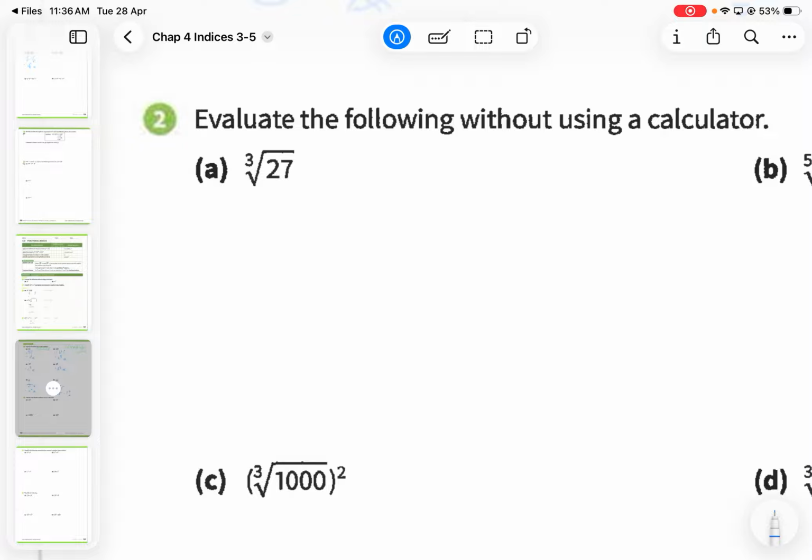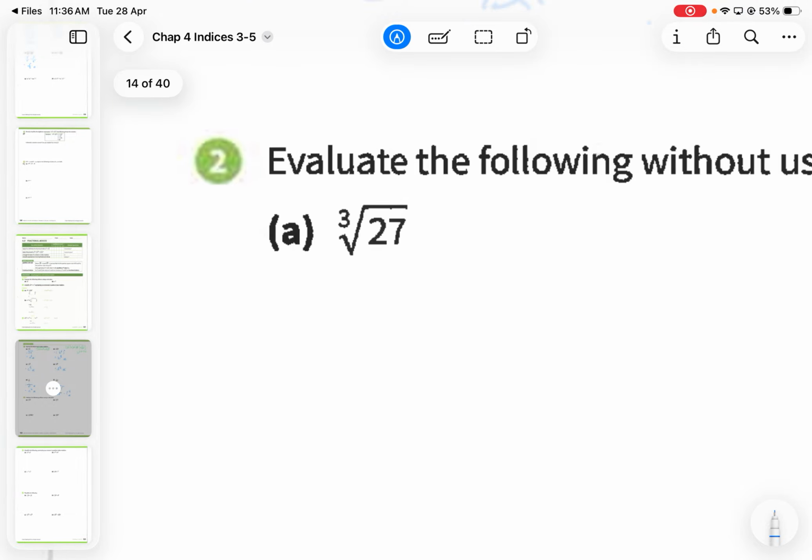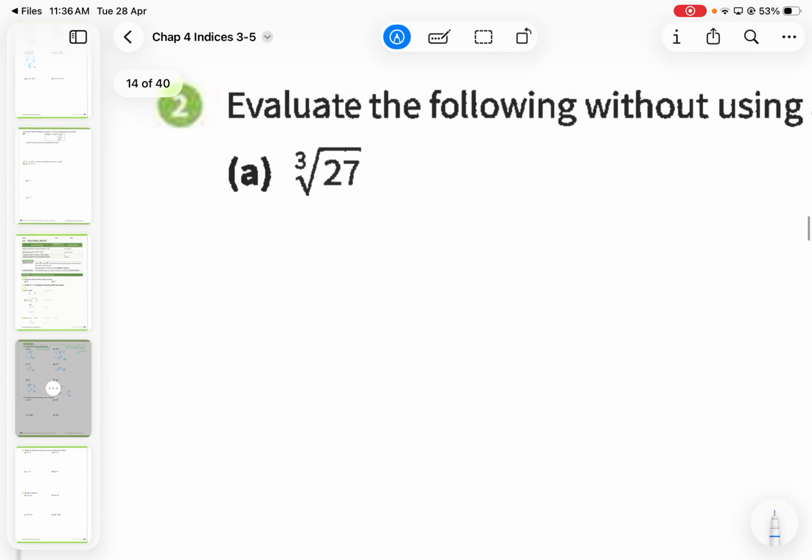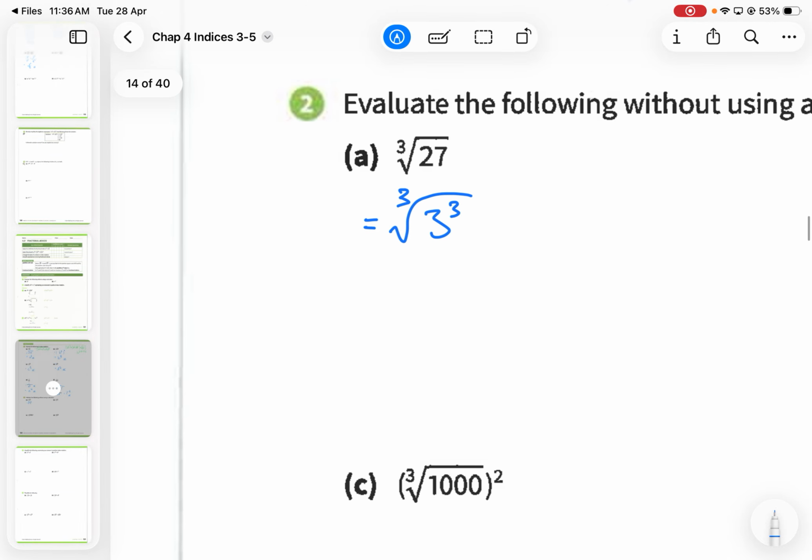So if you just straight away press the calculator and write the answer, you won't get the mark because they expect you to show the working. And what is the working? For this one, they want you to show that you know 27 is 3 cubed. If I don't know, how do I write 27 as 3 cubed?